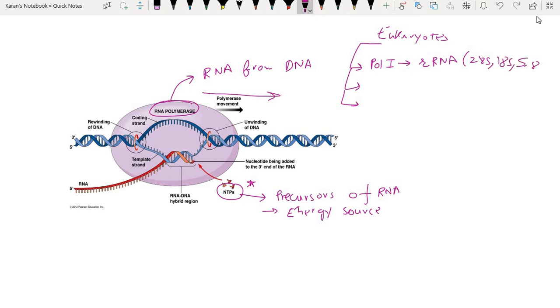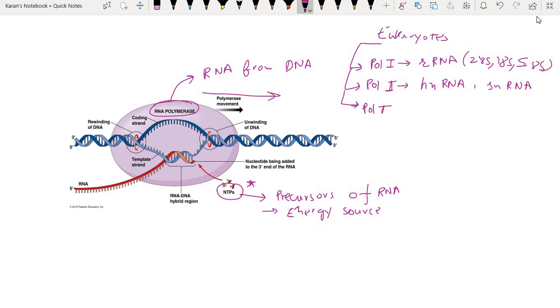Then there is polymerase 2. This polymerase 2 enzyme basically helps in formation of hnRNA, heterogeneous nuclear RNA, and it also helps in formation of snRNA. So this snRNA, small nuclear RNA, is getting synthesized from this enzyme polymerase 2.